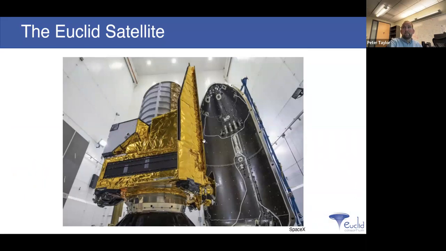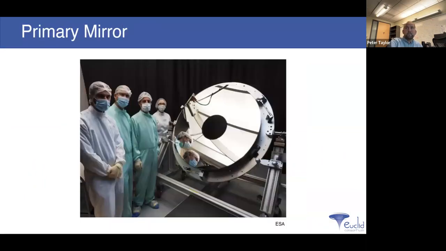And here Euclid is being loaded into the launch vehicle. What about the instruments themselves? So this is the primary mirror. Again, this is 1.2 meter diameter, so about half the size of Hubble, and there's a hole in the center.